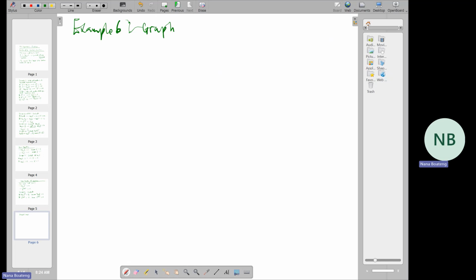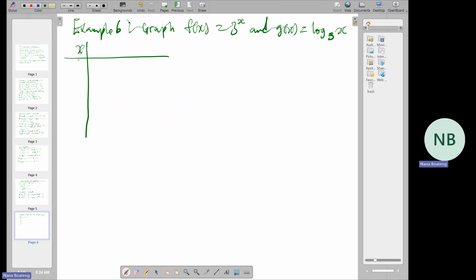So graph f of x, which is equal to 3 power x, and g of x equal to the log base 3 of x. All right, so for the exponential function, let's pick some x values and find the corresponding y values.